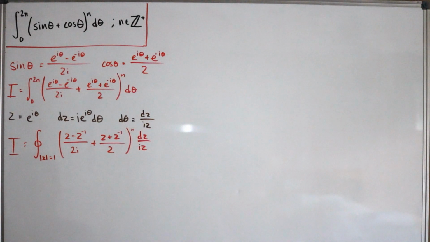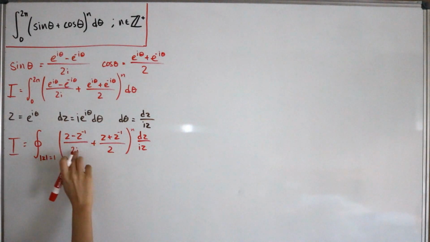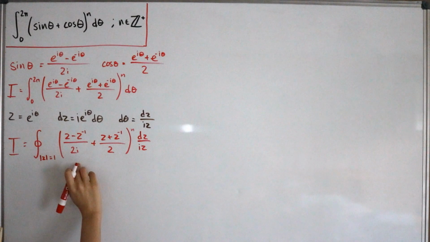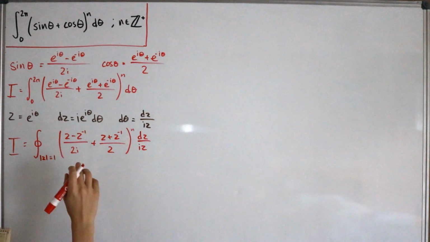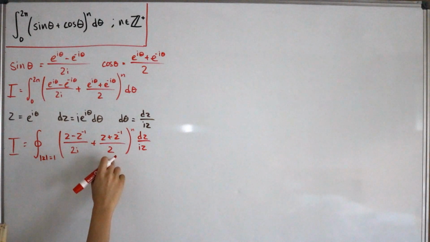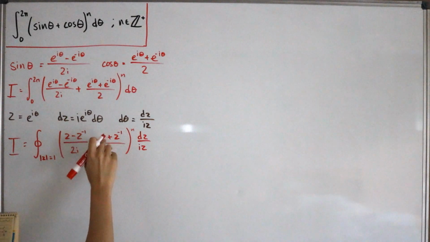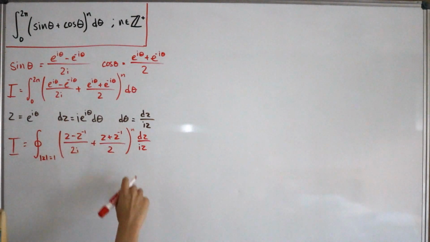Okay, so now from here we can do a little bit of substitution inside our expression, the integrand. Let's take things one step at a time. Let's get a common denominator over here. If we have 2i, I'll multiply i to both the top and bottom, so we have i times z plus i times z inverse.